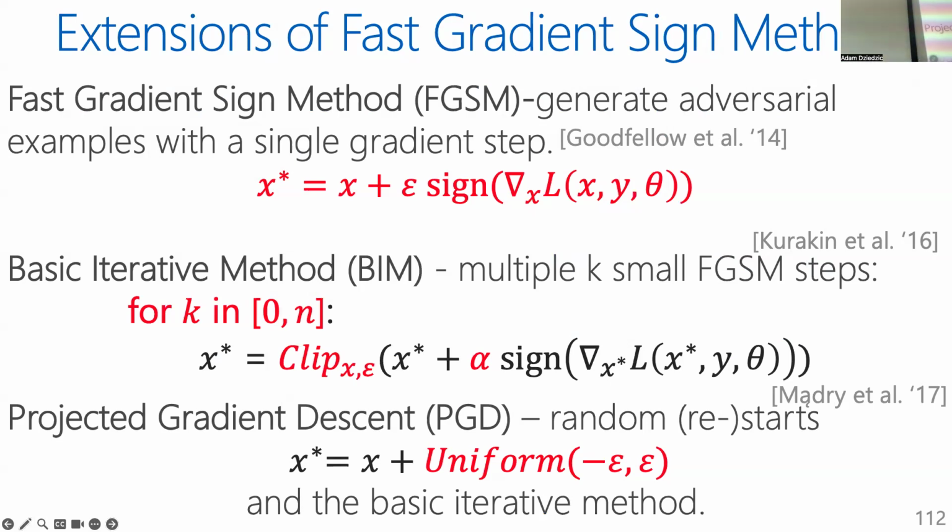We do this uniform noise addition to the starting point x, the initial image or sample, right? And this actually helps a lot. I did some experiments in the past, and adding this simple thing really is amazingly helpful for the search for the adversarial example.